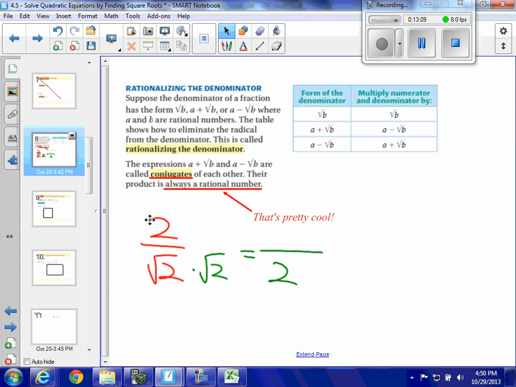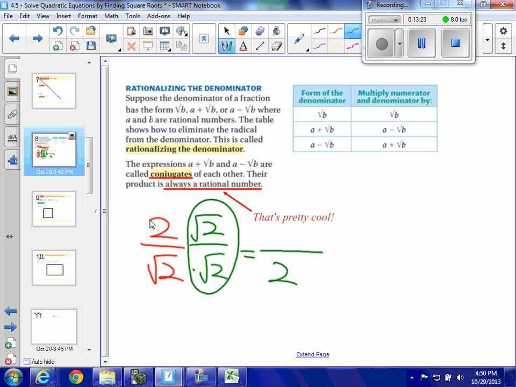But if I multiply the denominator by radical 2, I also have to multiply the numerator by radical 2. What I do to the denominator, I have to do to the numerator. Because really what I'm doing is multiplying my fraction by 1, radical 2 over radical 2. So we know that the denominator is equal to 2, and now the numerator is equal to 2 radical 2.